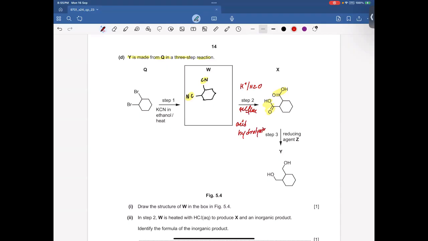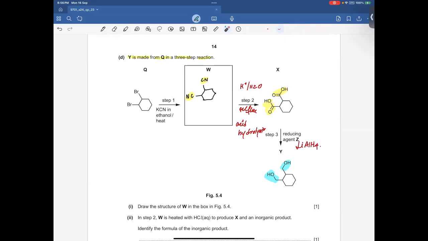Now the next part of the question is that carboxylic acid under a reducing agent will turn to primary alcohol. But that's easy, and that reducing agent must be lithium aluminum hydride, a stronger reducing agent, because it must be more than a 1-step reduction.